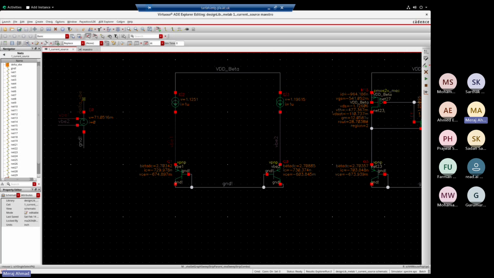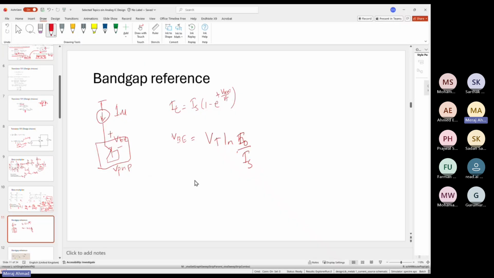So if I want to write it here, we have two VBEs. I have two current sources, the same block.